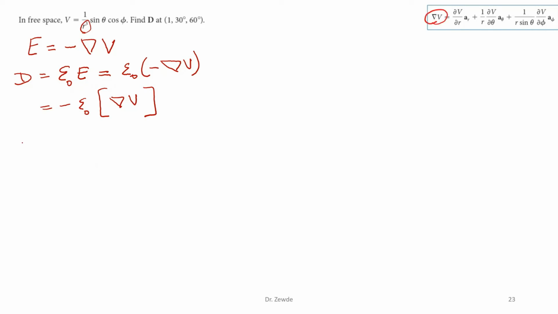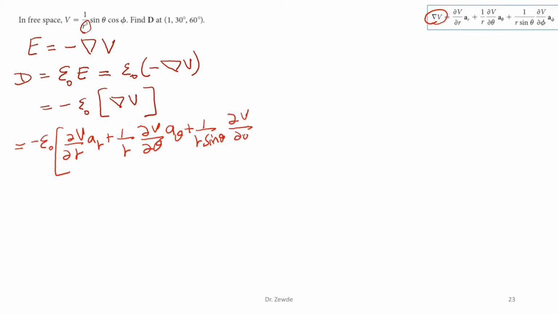So this is minus E naught times the gradient, which is the partial of V with respect to R along AR, plus 1 over R times the partial of V with respect to theta along the theta component, plus 1 over R sine theta times the partial with respect to phi along the phi component. Now let's determine each.